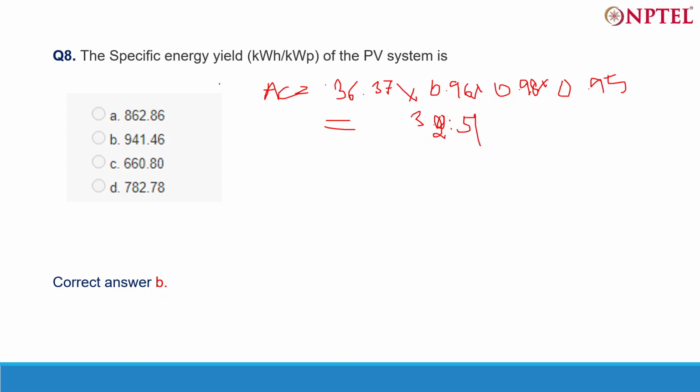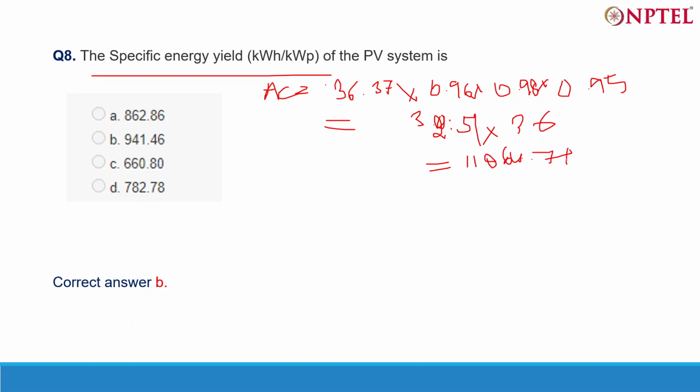Now to evaluate the specific energy, you need to know it for 365 days. So multiply it with 365, and for yearly it will be 11864.71.